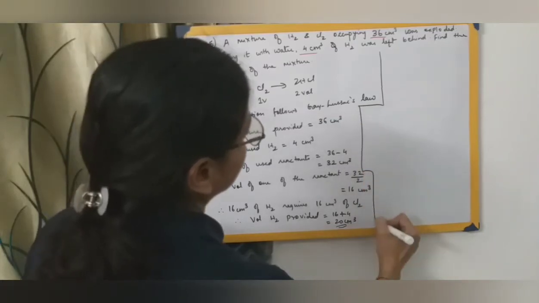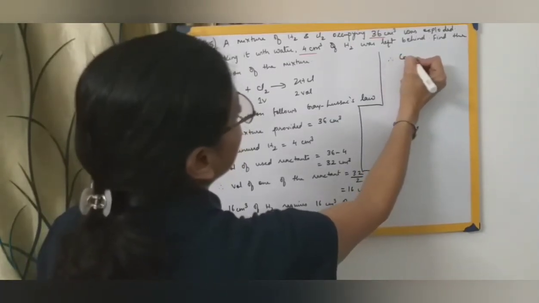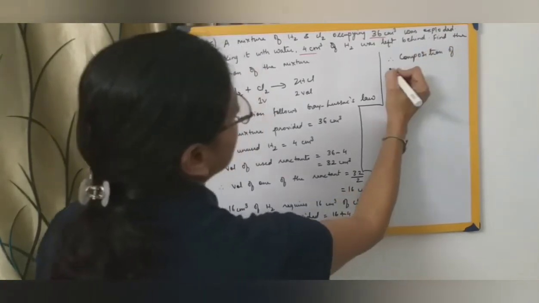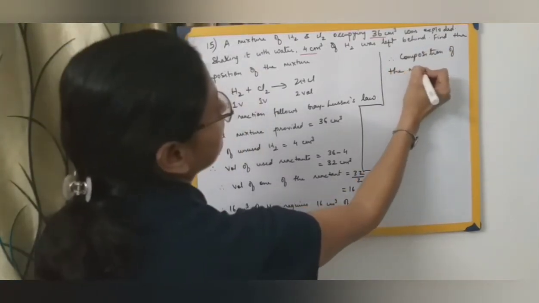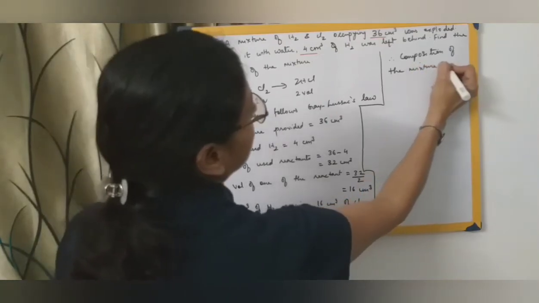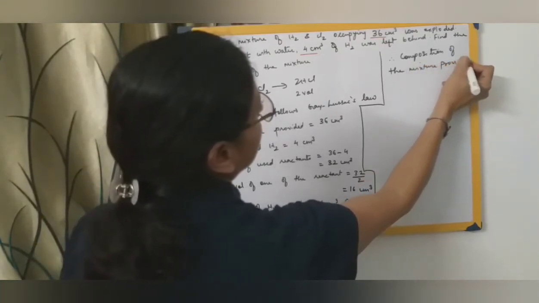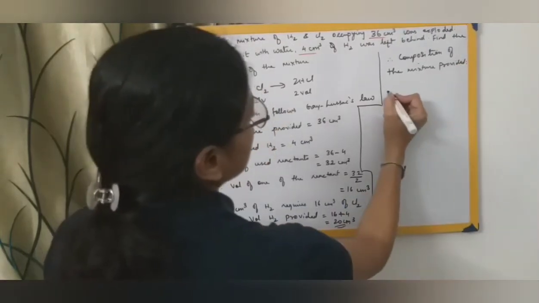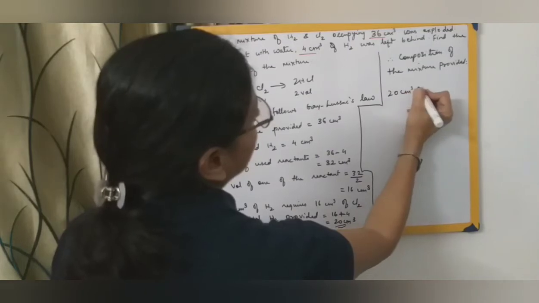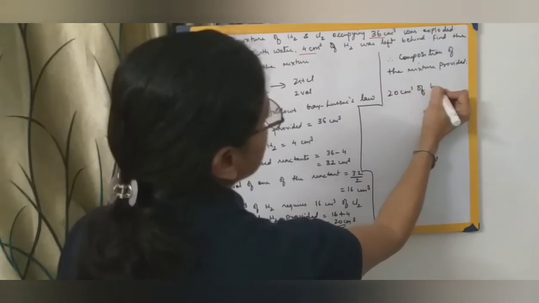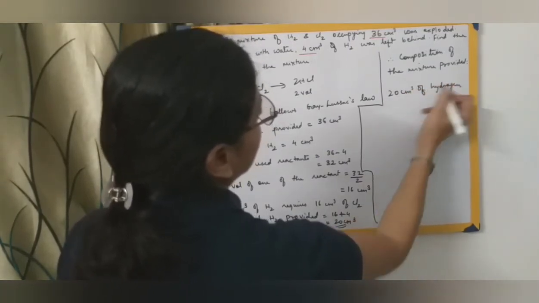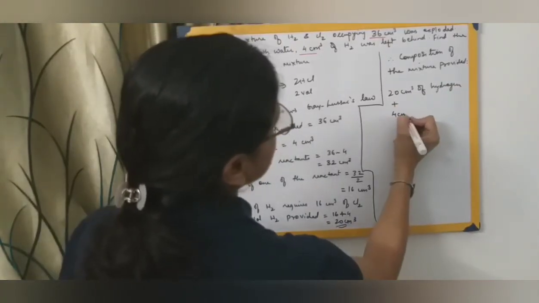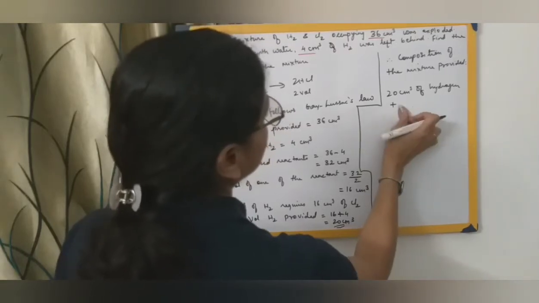Therefore, the composition of the mixture provided will be 20 cubic centimeter of hydrogen plus 16 cubic centimeter of chlorine.